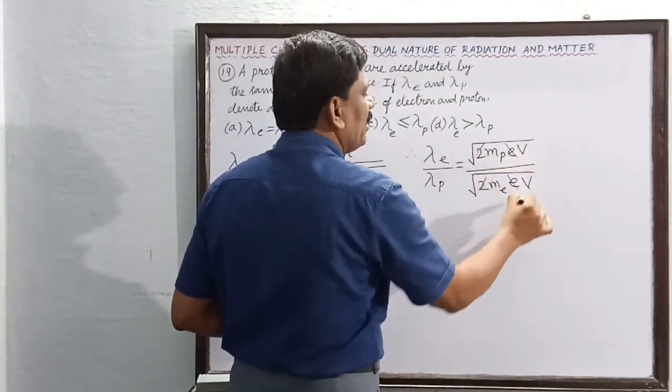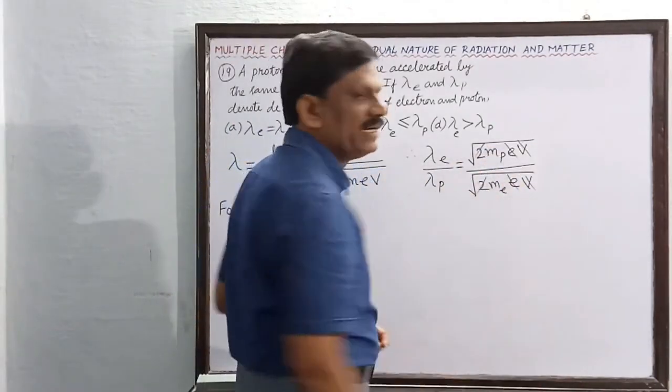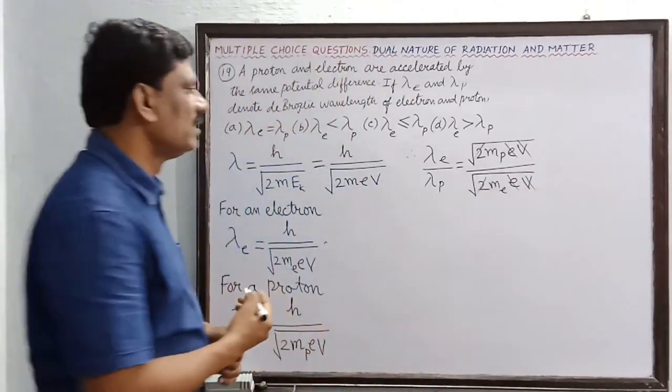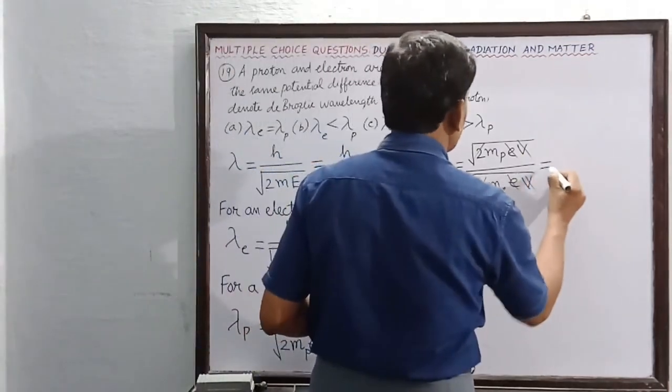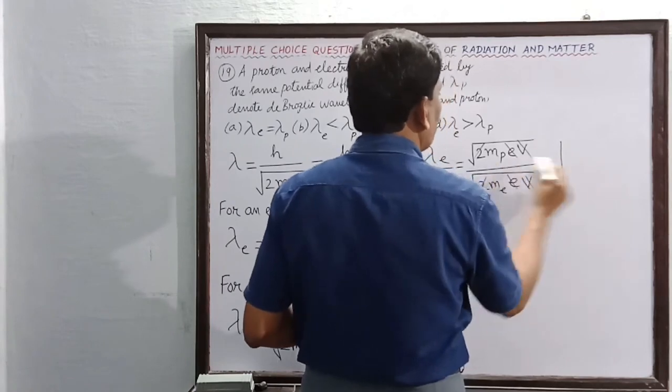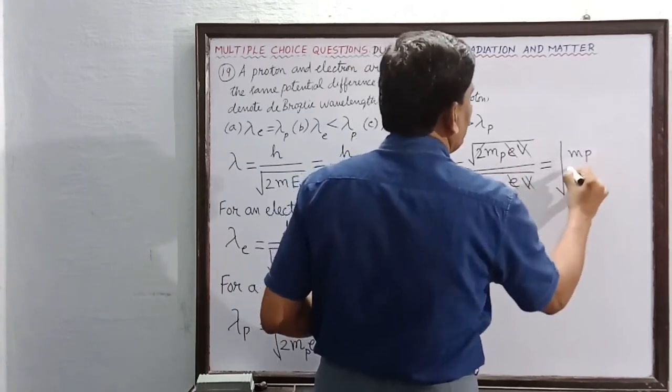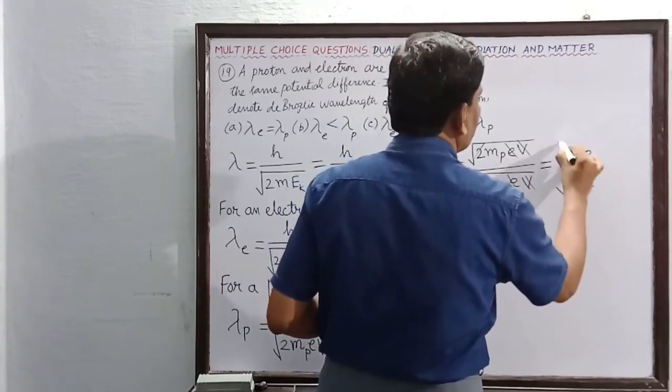Charge of the electron and proton get cancelled. The same potential difference V also is getting cancelled. So now we get this is equal to square root of mp divided by me.